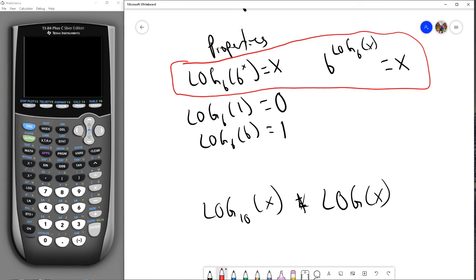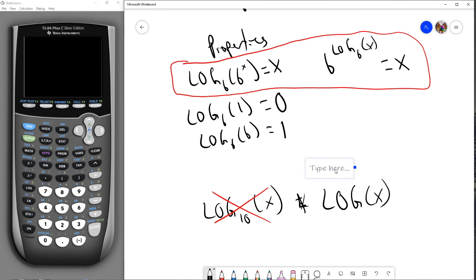We don't want to use this notation at all because it's just not proper notation. Log base 10 shows up quite often. It's very common. In fact, it is called the common logarithm.